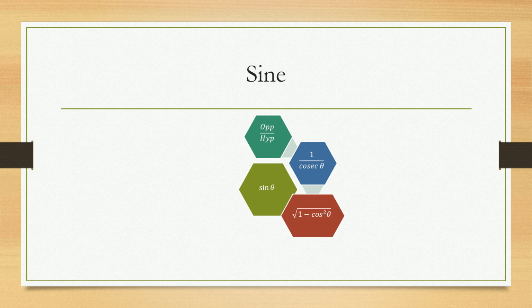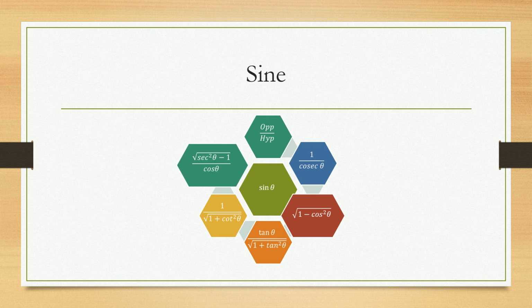It can be expressed in terms of cos theta, tan theta, cot theta. It can also be expressed in terms of sec theta. What is the mistake in the last part? The denominator is wrongly typed. The denominator should be sec theta.